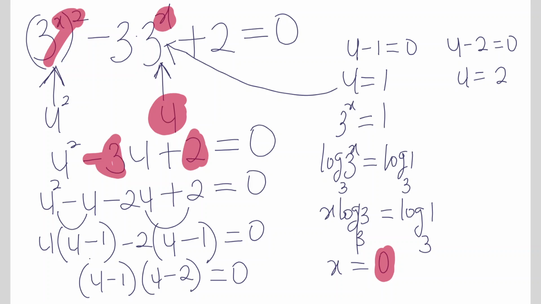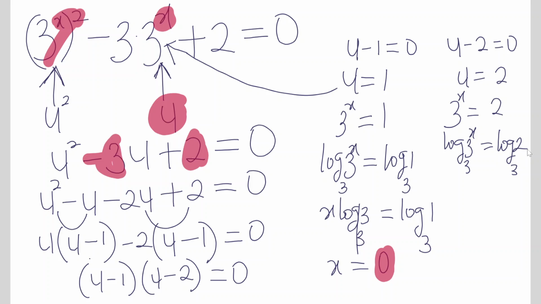Now let's quickly look into how we can get the other solution. So in this case, we have u to be equal to 2. So that means 3 to the power of x equal to 2. Then we can raise both to the logarithm of base 3. So we have logarithm base 3, then we have 3 to the power of x is equal to logarithm base 3, then we have 2.